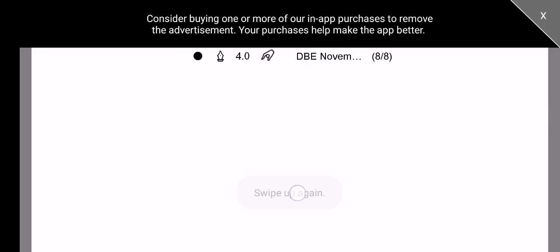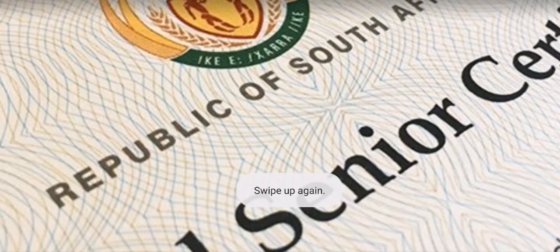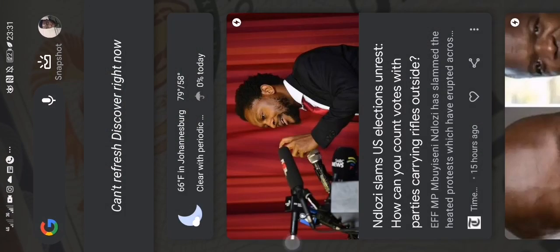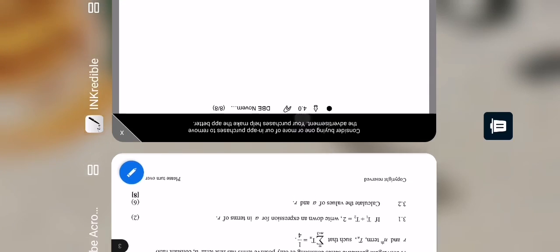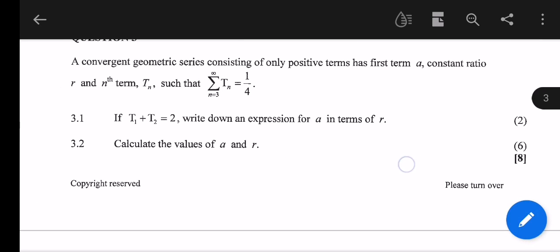Now let's move on to the next question. Calculate the values of a and r. We now have to calculate the values of a and r.